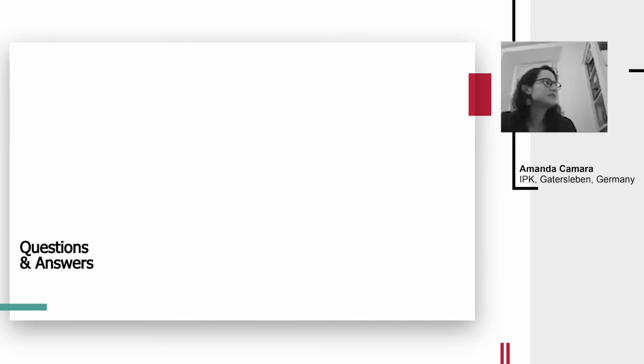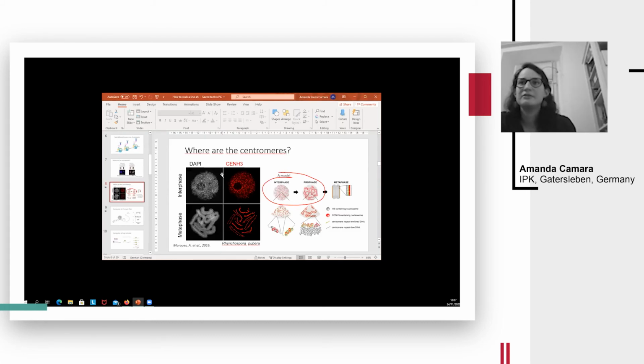So in interphase, they are spread across the nucleus, and we know from other organisms that SMC complexes are there, acting and making loops, but there are different types of condensins, and they come in different phases of the cell cycle.